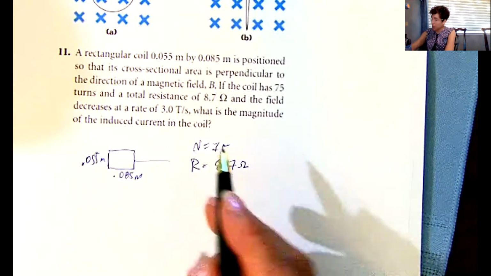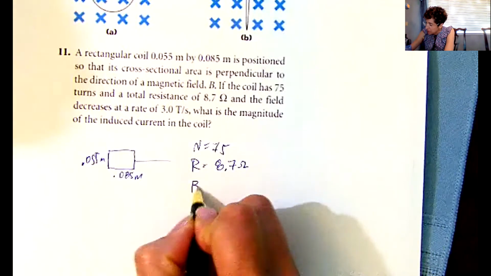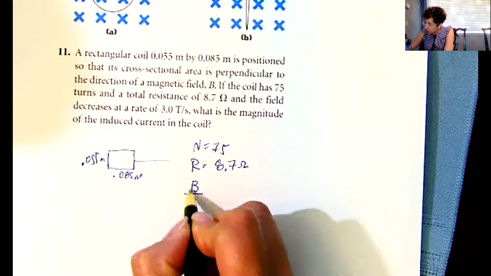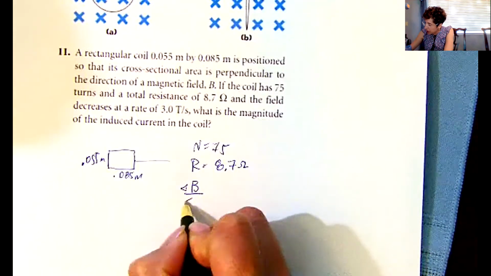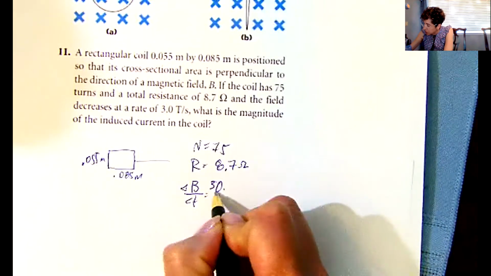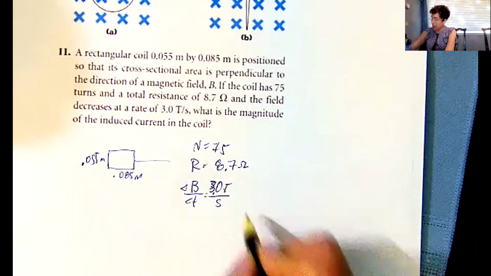What does that mean? I know it's Tesla, so that must be B. So the change of B over time is 3.0 Tesla per second.